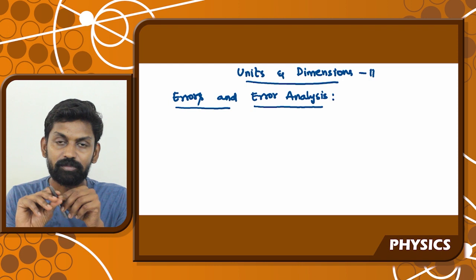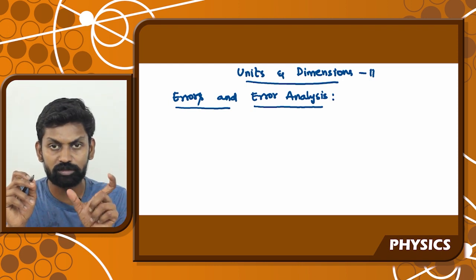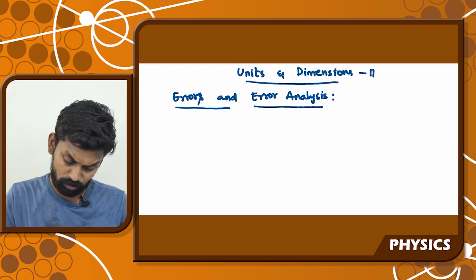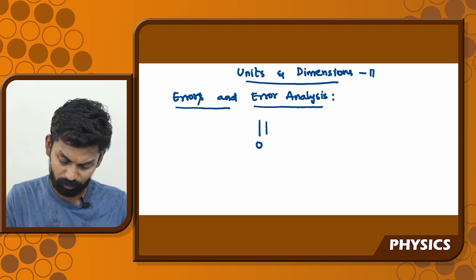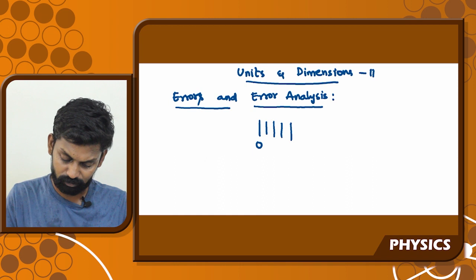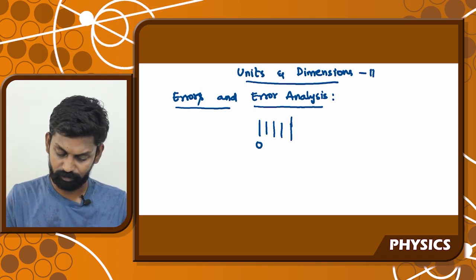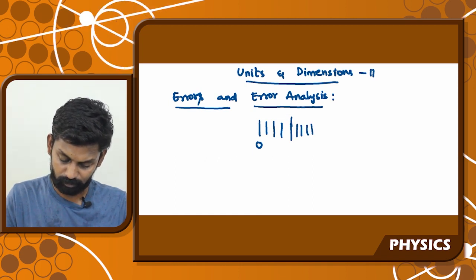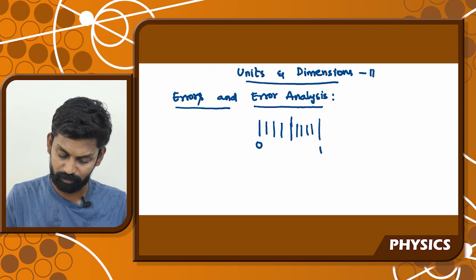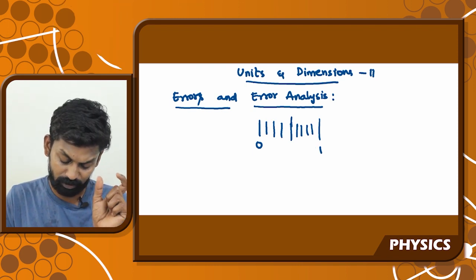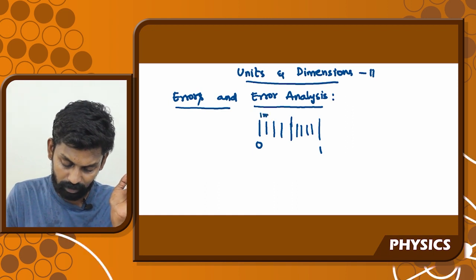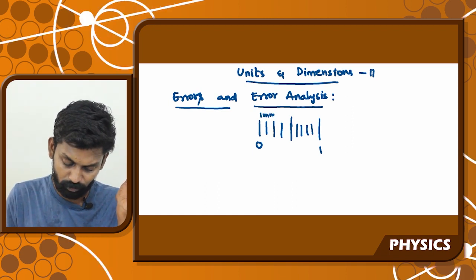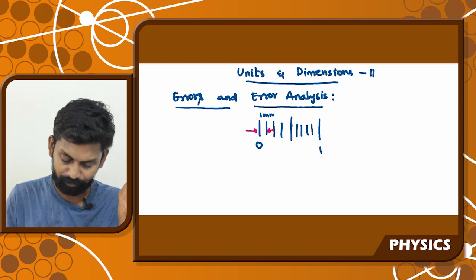I will tell you a simple example. If you take a small geometry box scale, it has millimeters. Suppose this is 0, and this is 1 centimeter. The distance between two lines is equal to 1 millimeter.